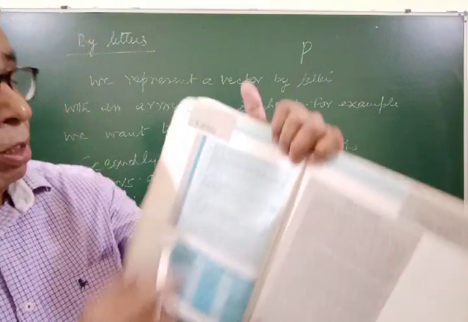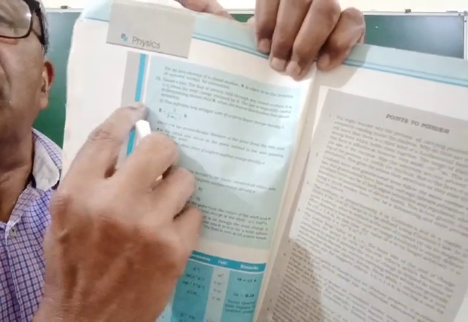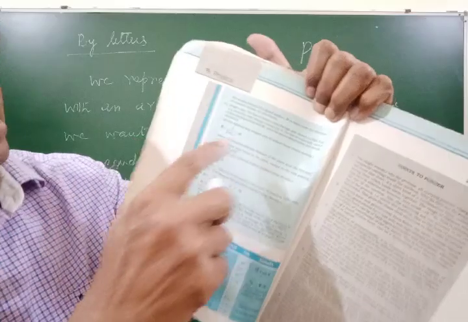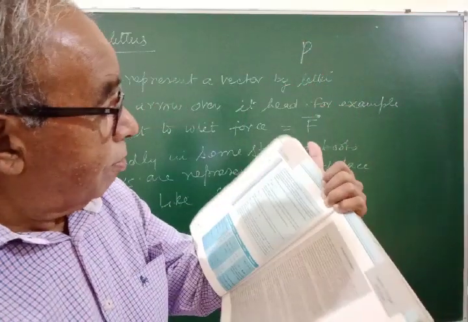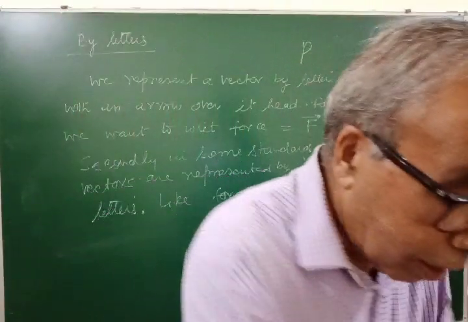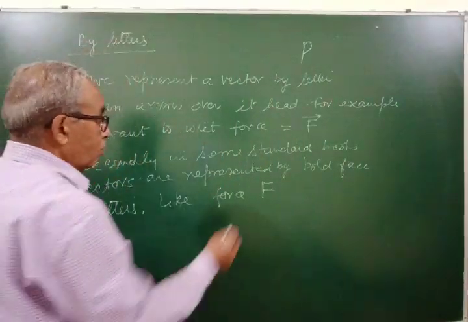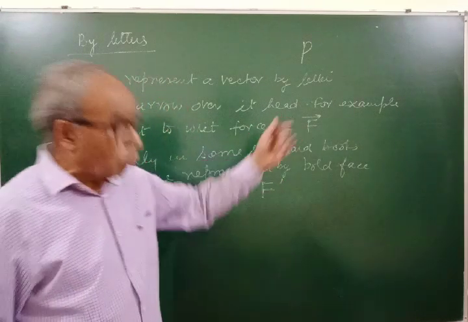In this book, this E is darker than other letters here. N cap is also different, more dark and wider. So in books we write bold-faced alphabets. But why do we use an arrow?